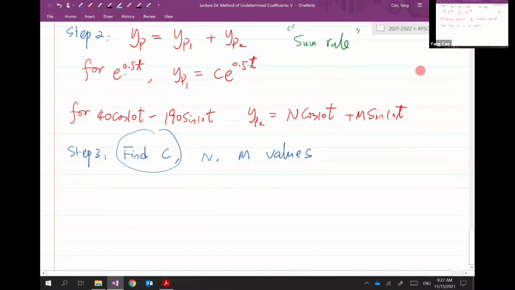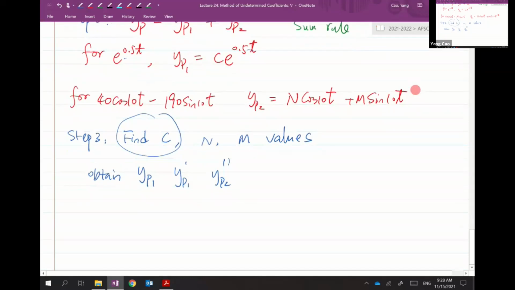Okay? So what you can do is obtain YP1 prime and YP1 double prime. So first get this expression. Of course, you already have YP1.